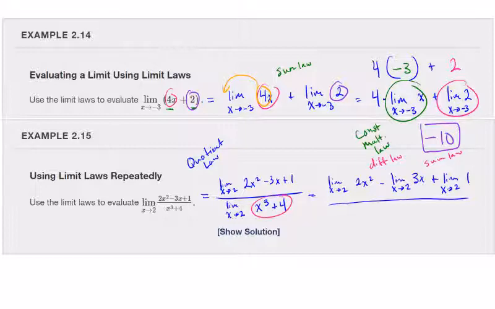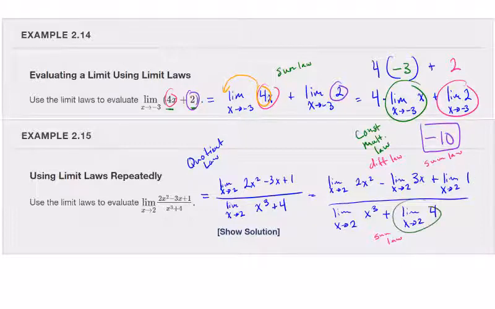Okay, and then on the bottom we can do the same thing. We can say the limit as x approaches 2 of x cubed plus the limit as x approaches 2 of 4. Okay, so I'm just breaking this up, and that's the sum law. All right, now kind of like the last one, this one we're good with, right?